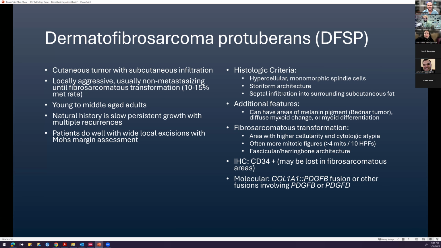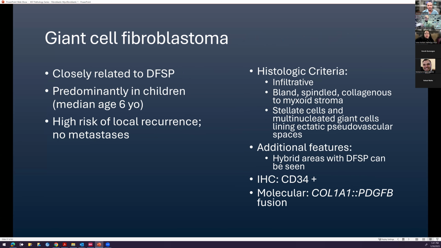I don't have a slide for this next one, but we can just jump into it real quick because this is more of a children's tumor, so I don't see these very often, and there's generally a relationship with DFSP with this tumor, so I wanted to talk about it here.